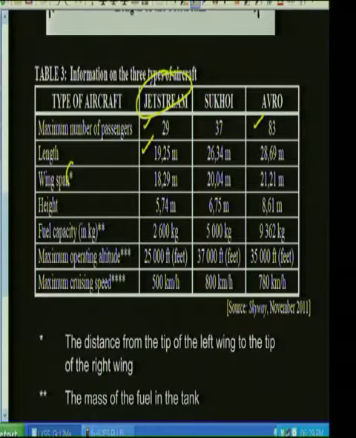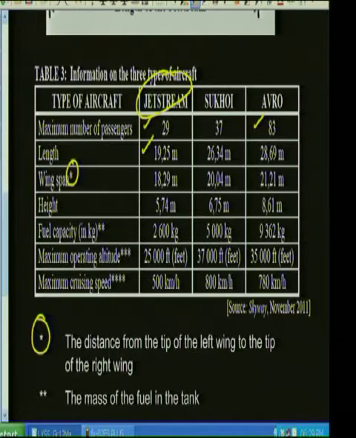The wingspan. And now I want you to take notice of something, because examiners tend to do this, and they can do it. They've got every right to. So you've got to be able to understand how to read this table. Look at this funny little star here. So it's got wingspan and there's a star. What's a star mean? Well, let's have a look here at the bottom of the table. There's another star.